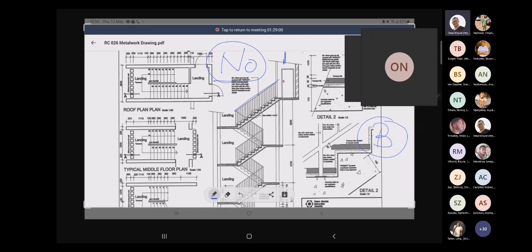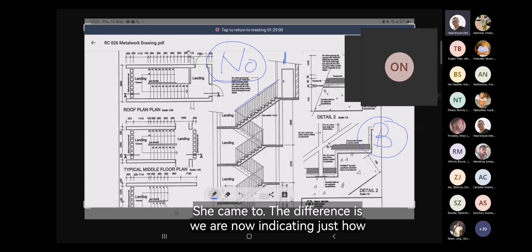We say 1 of 1.75 that we've measured, 4 of 2.3 meters, and 1 of 3.17 meters. So you get the difference: we are now indicating just how many there are of each one.